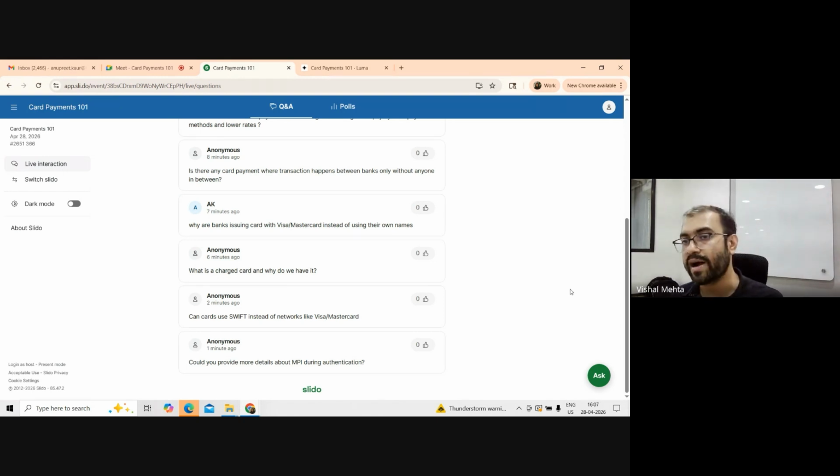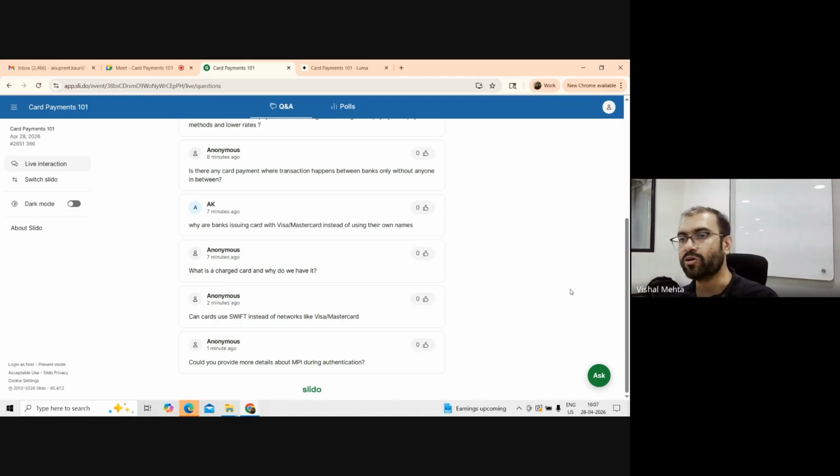Now, there can be acquirers who also offer MPI services, like RDN, for example, which does its own MPI engine. WorldPay has its own MPI engine, but some of them will outsource it to specialist MPI engines as well, like Cardinal Commerce, which Visa acquired some years ago. That provides only an MPI engine. So that is what MPI is.